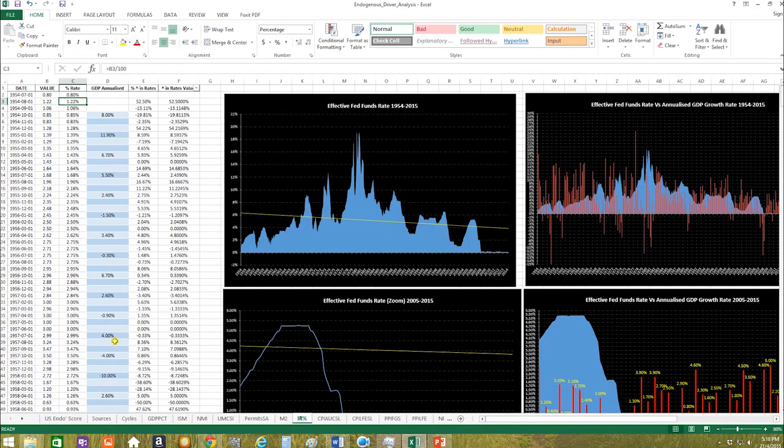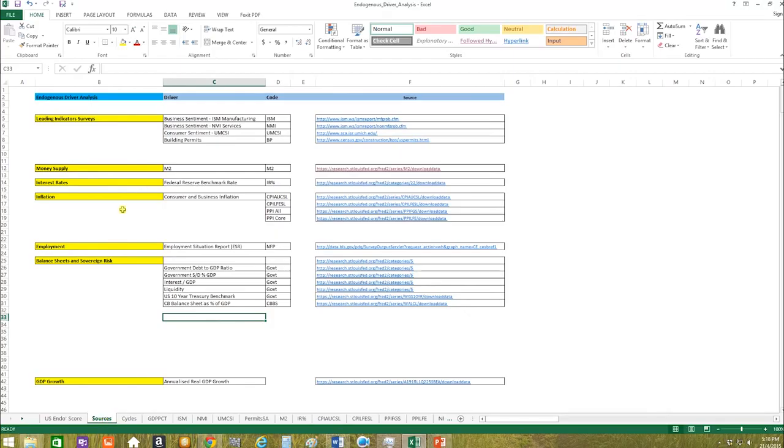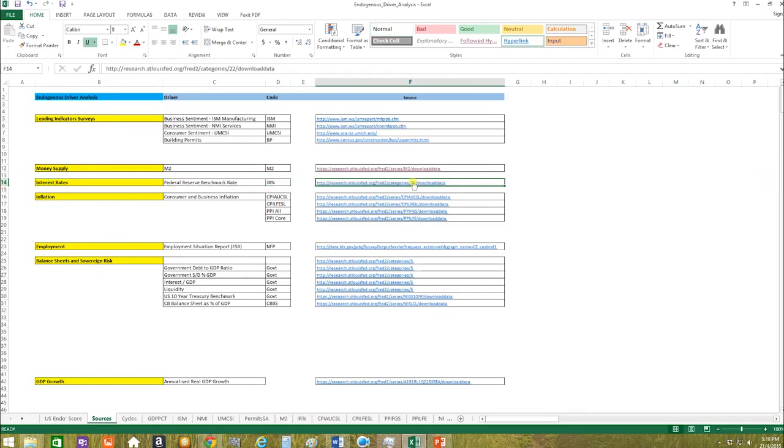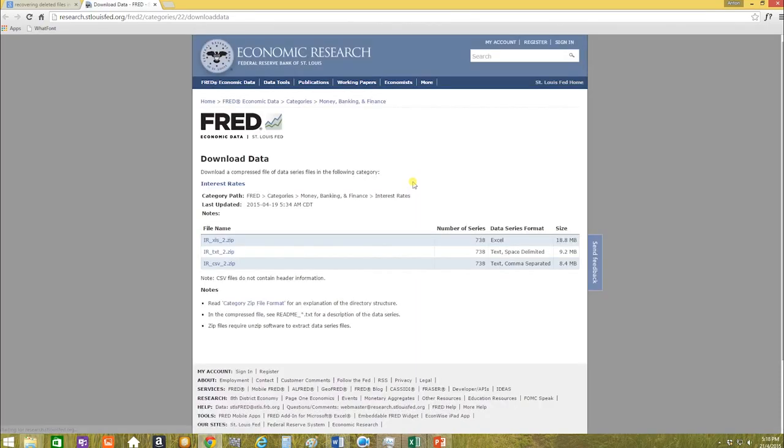And if we go into the sources tab first, we can see on row 14, we have our interest rate source, the Federal Reserve benchmark rate, and we can click onto this and go to the St. Louis Fed website. And we can see directly on this page, we have 3 files, and we can download these files to get the data, no problem.